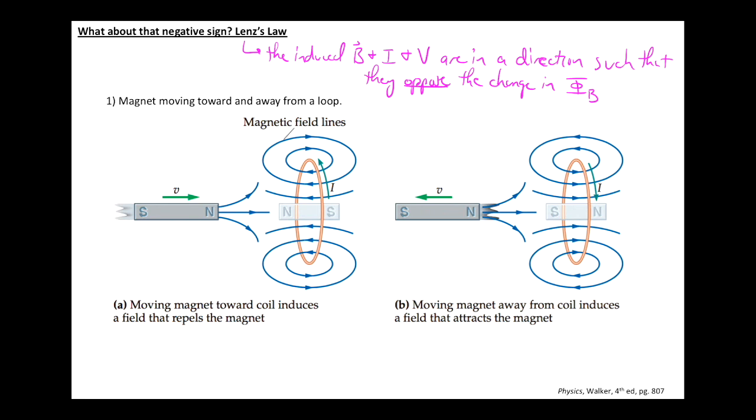It's almost like the loop of wire is a little temperamental. It's sitting there and maybe there's some magnetic field passing through it. It's like, I love the flow of this magnetic field. And then all of a sudden you decide to remove the magnet a little bit, and it does whatever it can to try to keep the magnetic field like it was before. But it's not just temperamental, it adapts very quickly to the new thing.